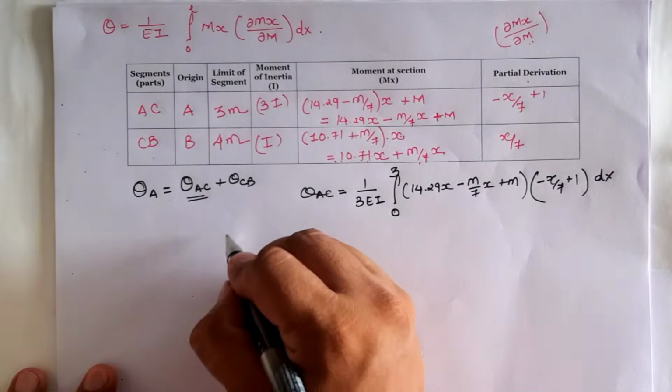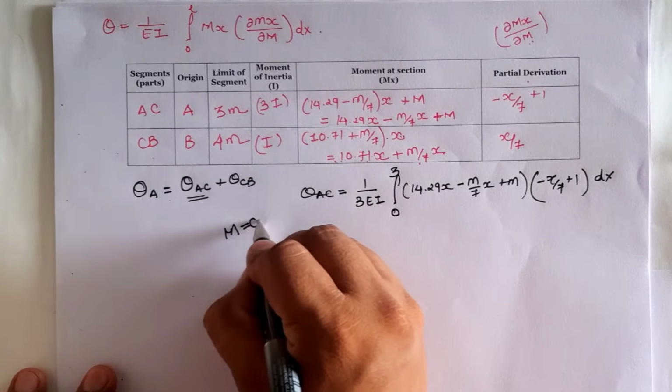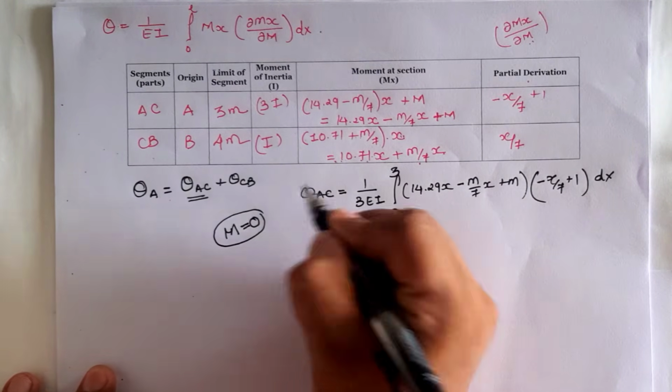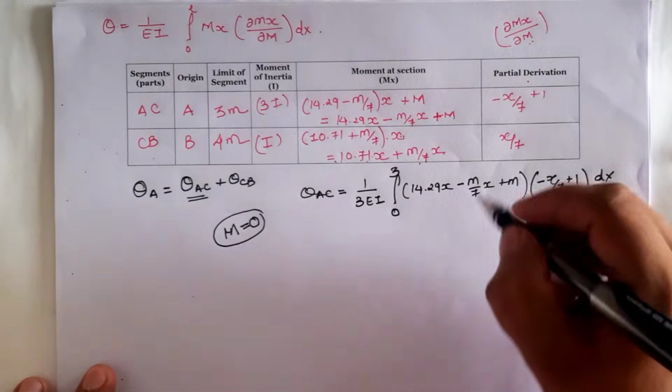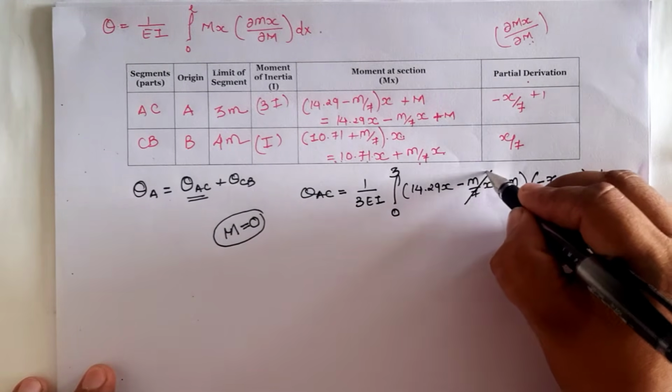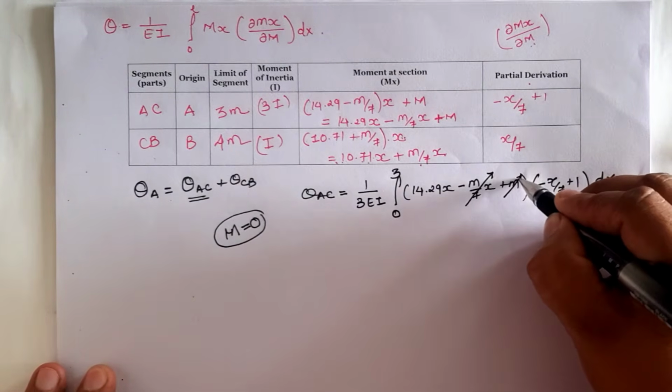Now we know that our arbitrary moment value is 0 as there isn't any external moment at location A, so we are eliminating the term M from the calculation.